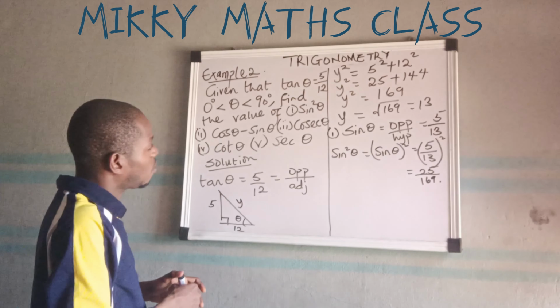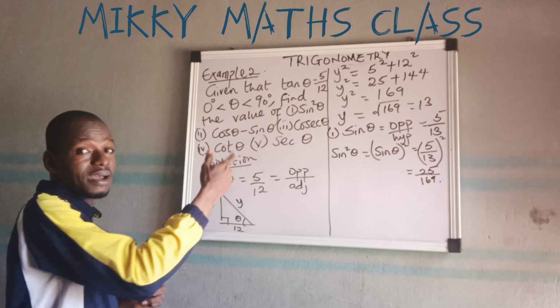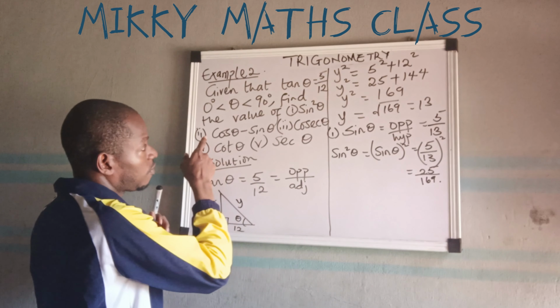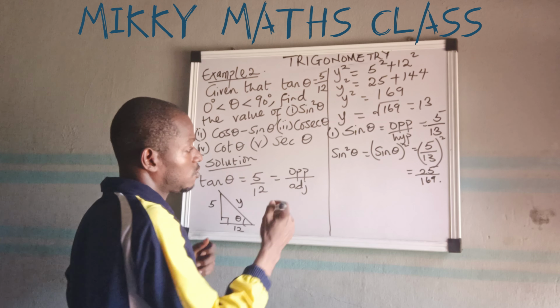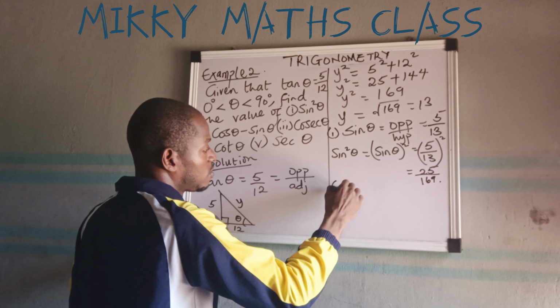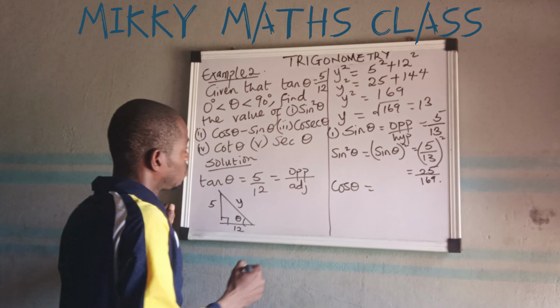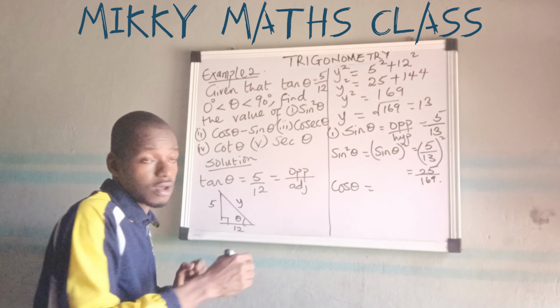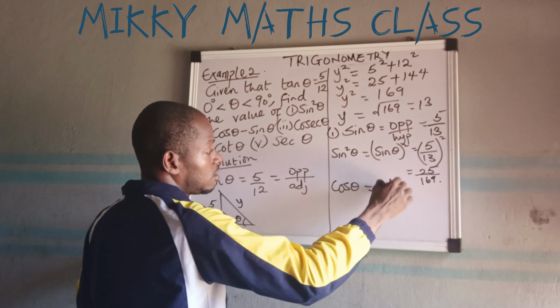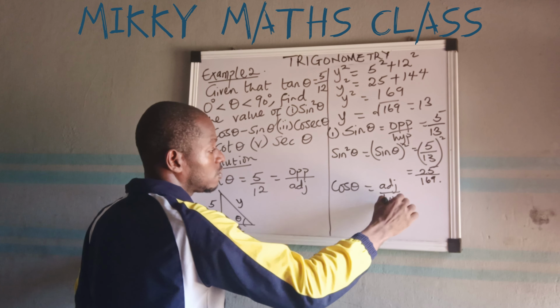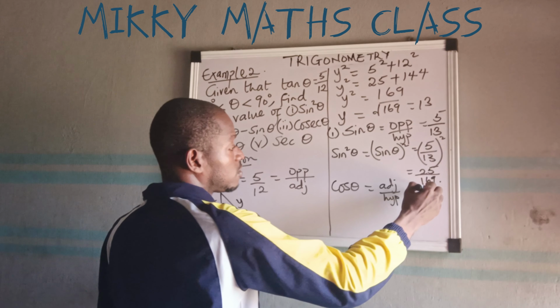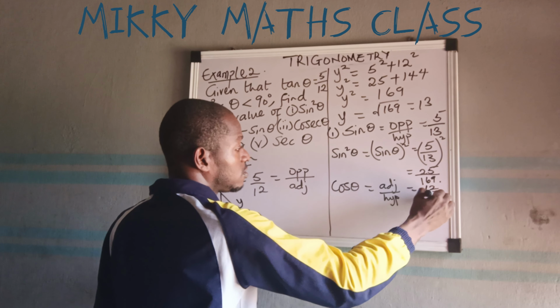Alright, let's look at the second one. The second one says cos theta minus sine theta. Before we find that, we have to find what our cos theta is. So from here, our cos is adjacent over hypotenuse. Our adjacent here is 12, hypotenuse is 13, 12 over 13.